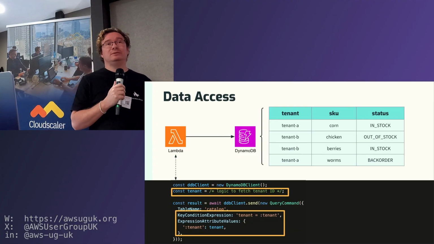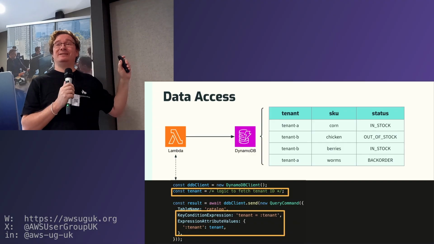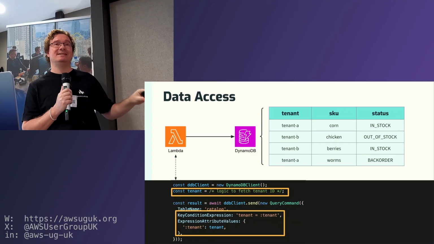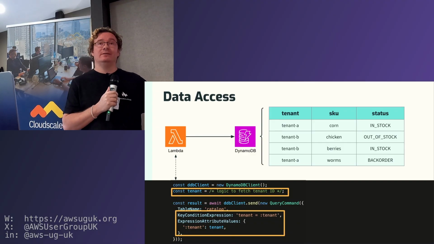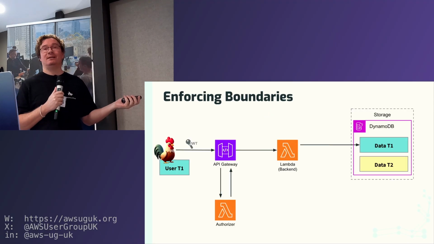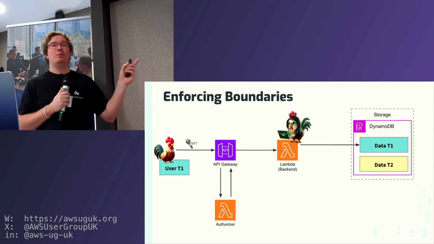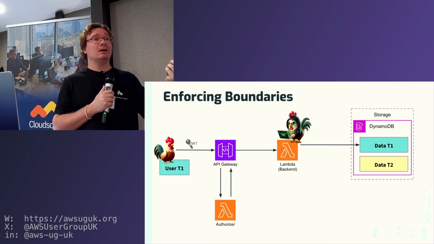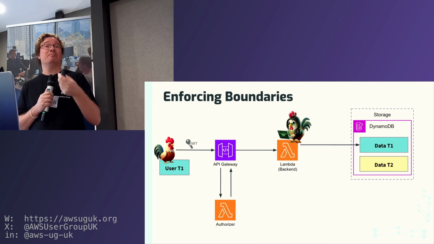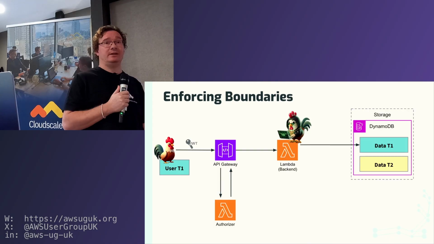That's the only thing that's telling us, okay, filter this data is that variable value. So what happens there? Let's say that lambda gets compromised by either a bug or manipulation, a security concern.